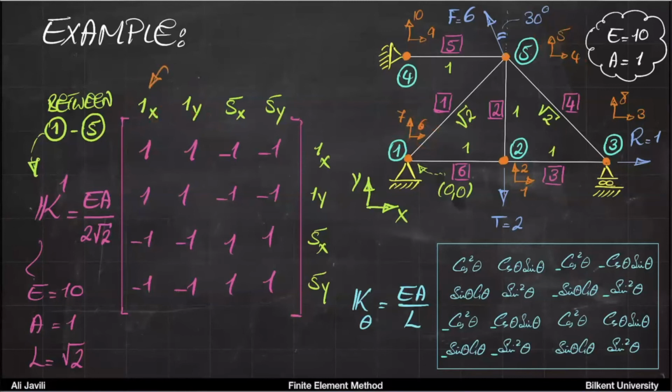In terms of global degrees, this would be 6, 7, 4, 5, and the same here. And as I said, for this example, I just wrote that here, but for the next examples, I will skip over this step.